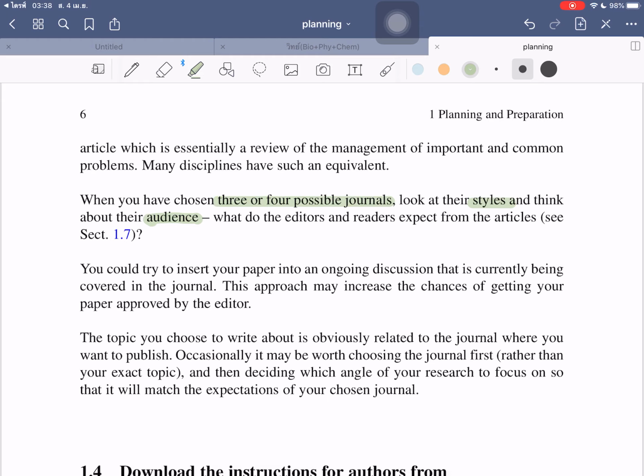Think about what the editor and the readers expect from the articles, and the topic related to the journal where you want to publish. If you write a paper in English language teaching and you decide to send it to, say, the Journal of Medical Science, would it be possible? You have to think about the angle of your research to focus on. That is the point right here.